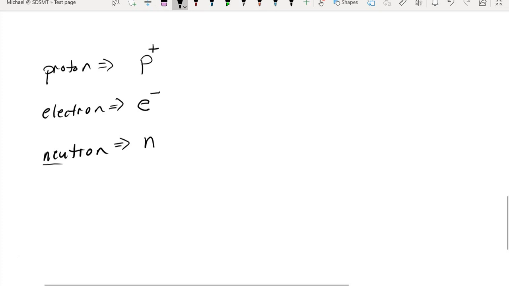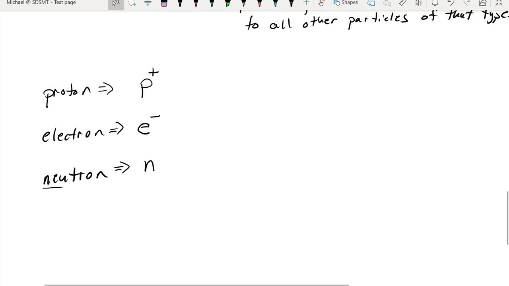If you absolutely had to, my recommendation would be a 0. But N0 or NO spells no, so no charge. But most books are not going to have that superscript in the upper right hand corner. So a proton has positive charge, an electron has negative charge, a neutron has no charge.